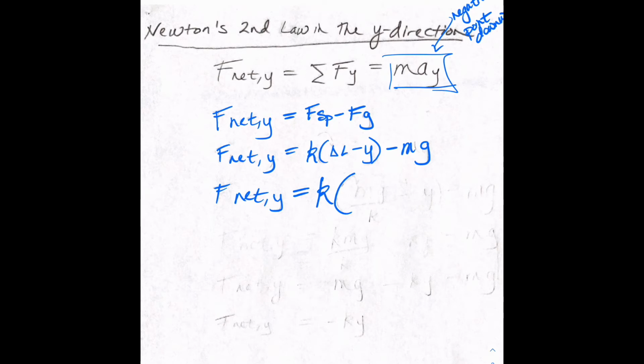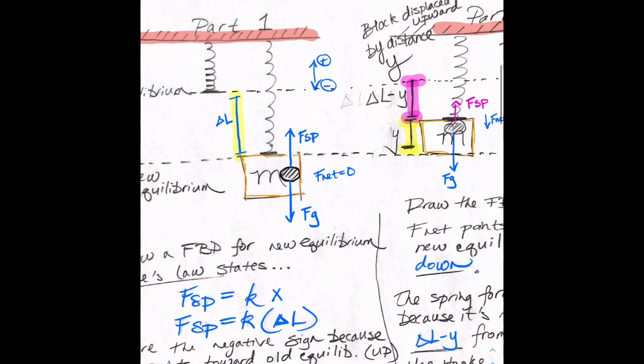Here we can actually take advantage of something with this delta L. Let me stick with yellow maybe. Okay, so we need an expression for delta L. And so now it makes sense.